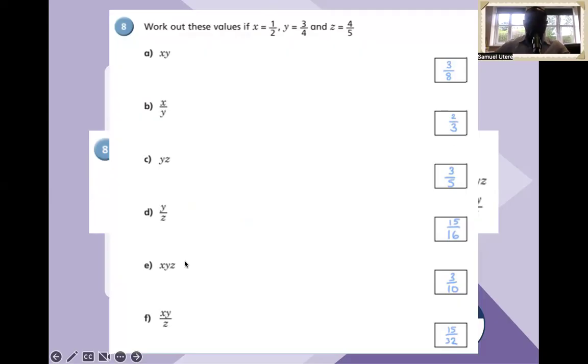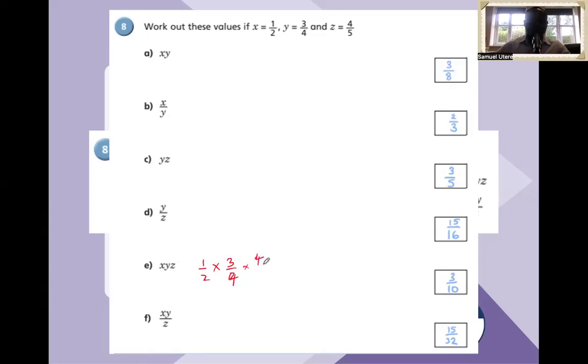So I'm going to make a comment on E and F only. So x is half, so we write half. Remember, in algebra, when we write letters next to each other, they're multiplying each other. So that will be half times 3 over 4, times 4 over 5.